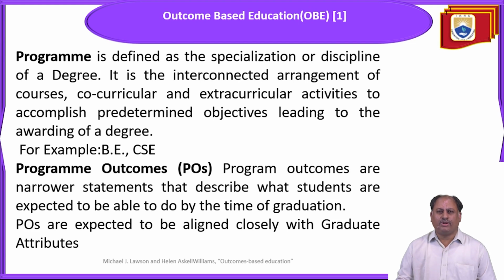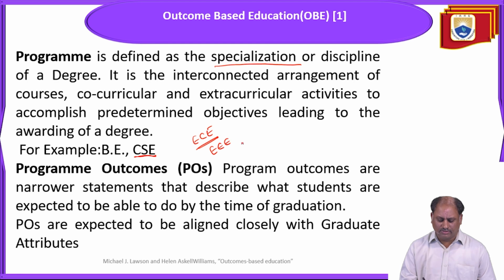Then, what is a program? A program is defined as the specialization or discipline of a degree. For example, CSE is a specialized discipline of a particular degree. ECE, like that, some programs are defined.